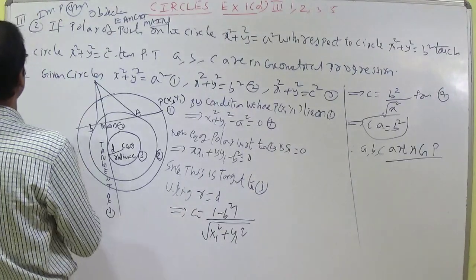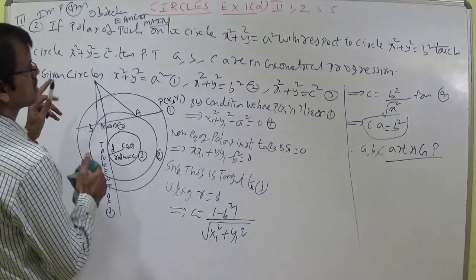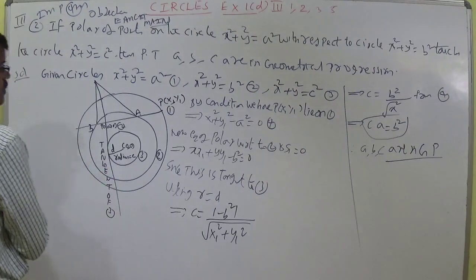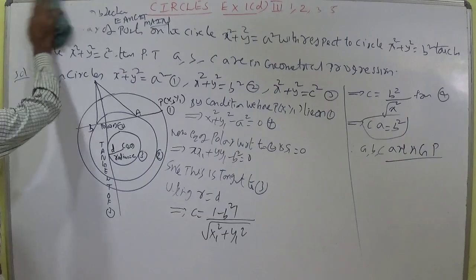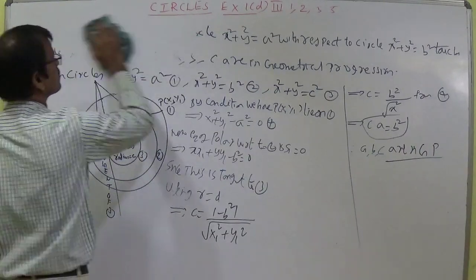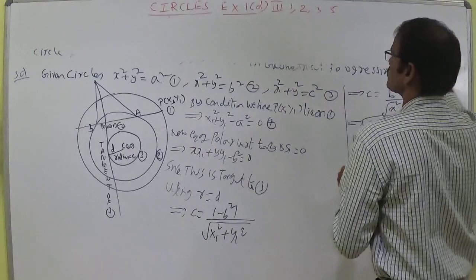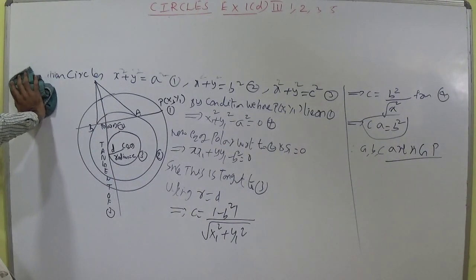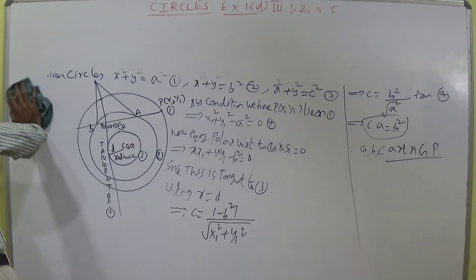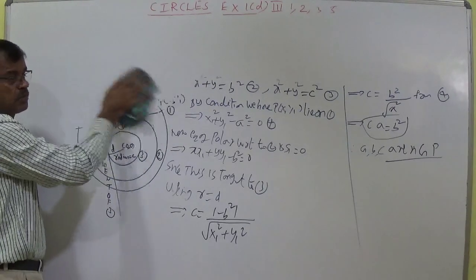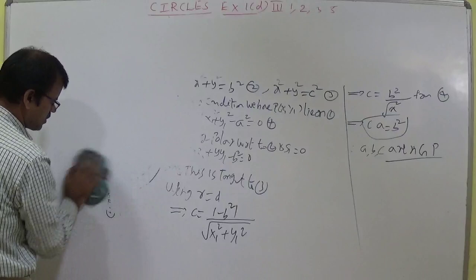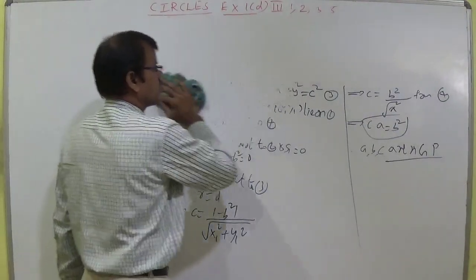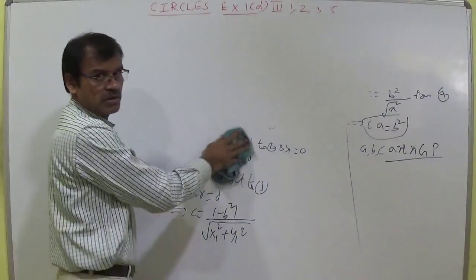Let us discuss the second question; first question completed, second question completed. Now let us discuss the third question, Roman number 3. Tangents are drawn to the circle. Area of the triangle followed by chord of contact, using the formula of area of triangle, the theorem I said.